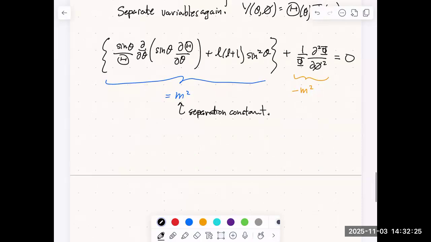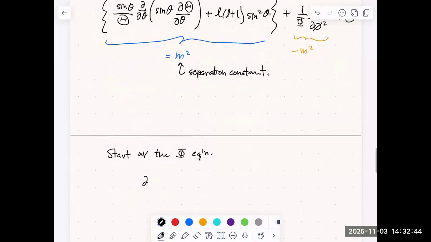Okay, so what we're going to do is start with the one that looks a little nicer. Let's start with the phi equation. It's just two derivatives of phi. In fact, it's no longer even a partial differential equation. It's just an ordinary differential equation.